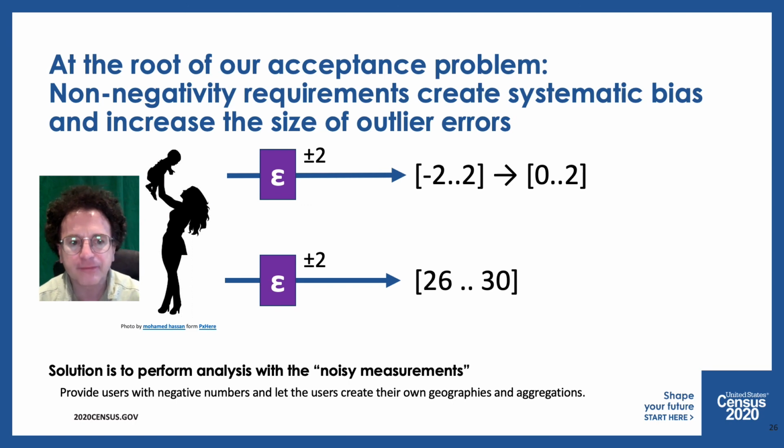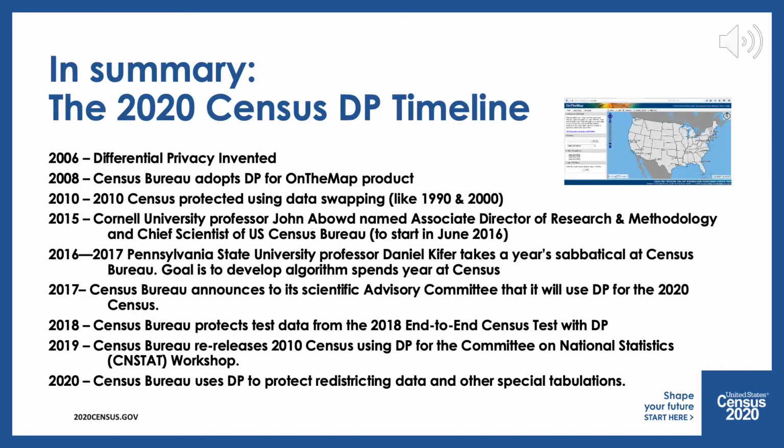So in summary, differential privacy is now 14 years old, and even though the Census Bureau deployed the first differential privacy system just 2 years later, that was a new system that was designed from the beginning to use noise infusion, so it wasn't that heavy of a lift.